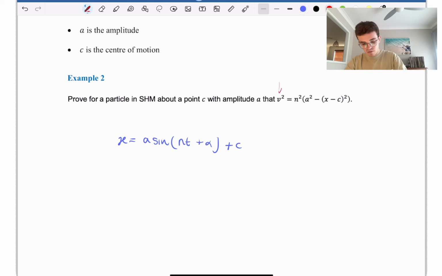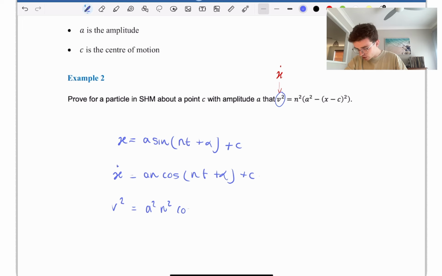Another name for velocity is x dot, so let's find x dot. x dot is going to be a n cos(nt + alpha), and if we square that, because this equation is v squared, we get v squared is a squared n squared cos squared of (nt + alpha).